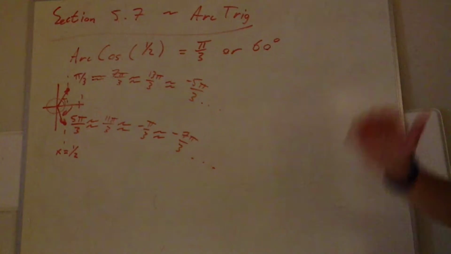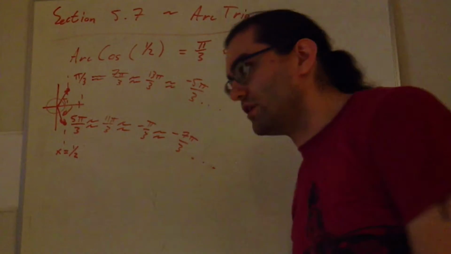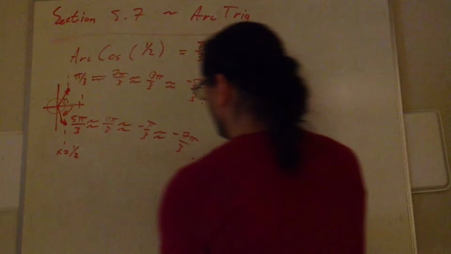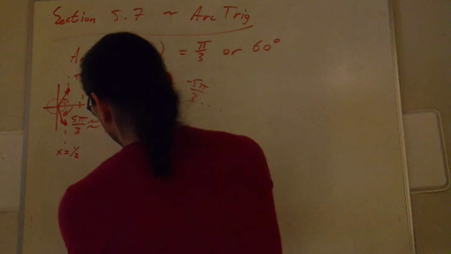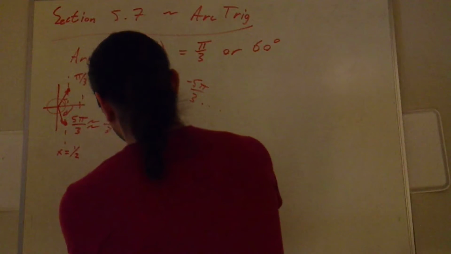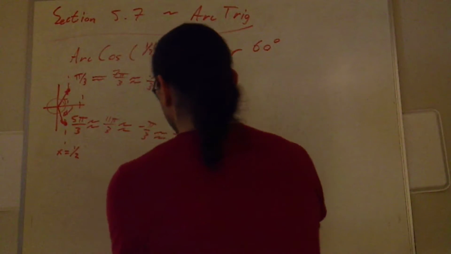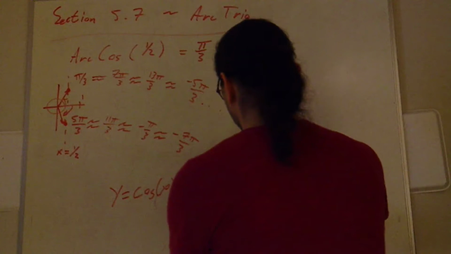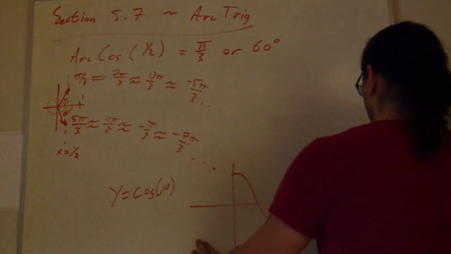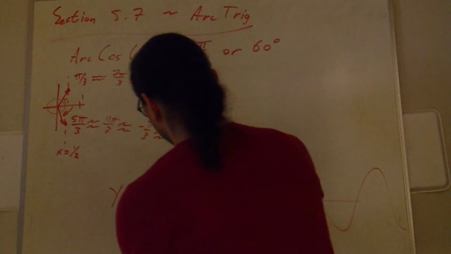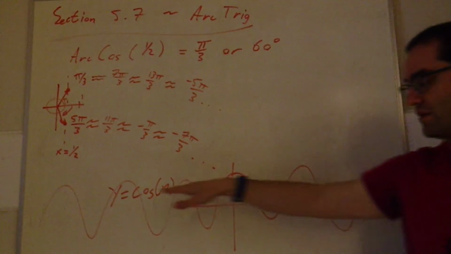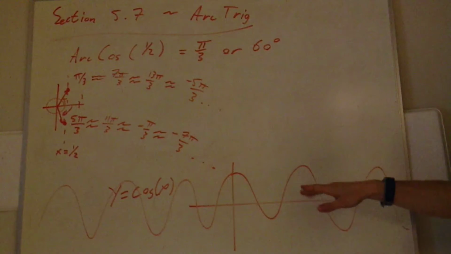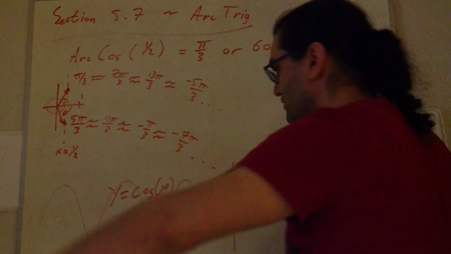Which makes sense if you think about what cosines look like. We just spent a lot of time in section 5.5 graphing cosine functions. If we're just looking at y equals cosine x, that graph does this. And also this. This graph will keep on bouncing back and forth forever in both directions.